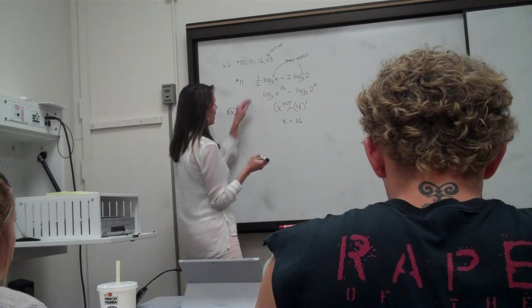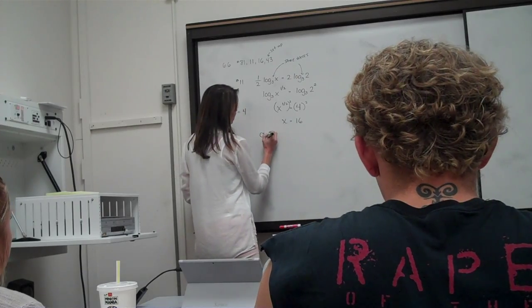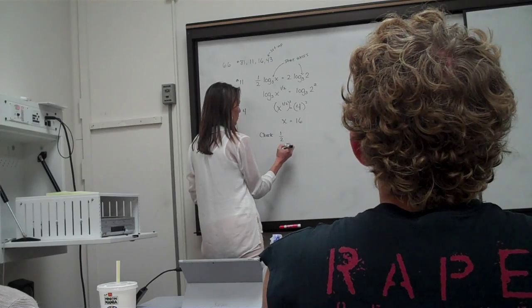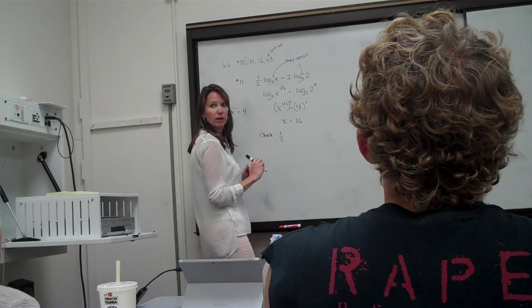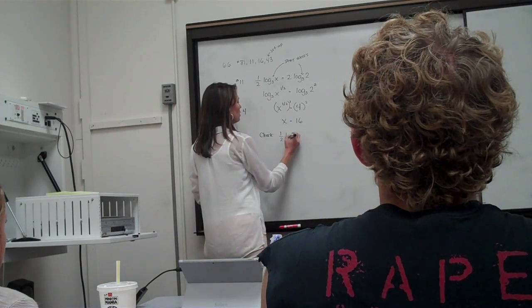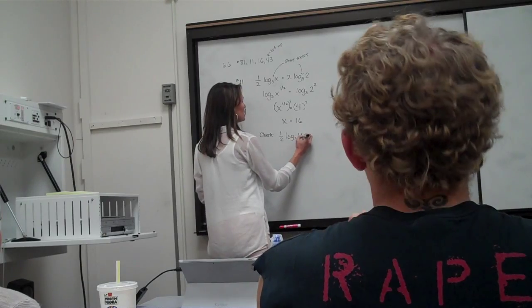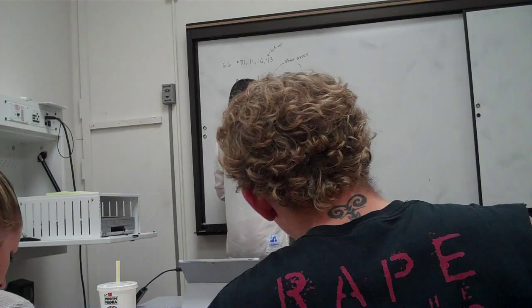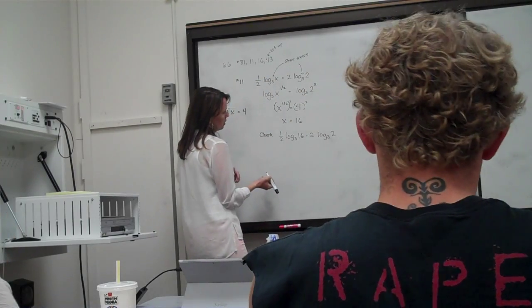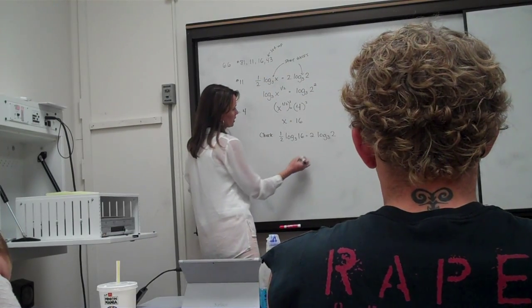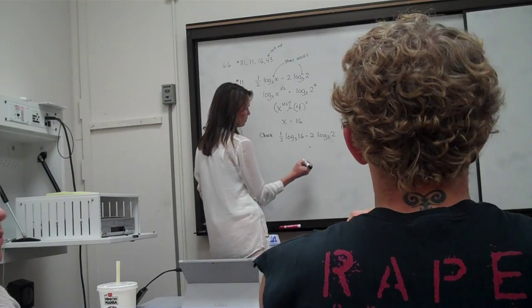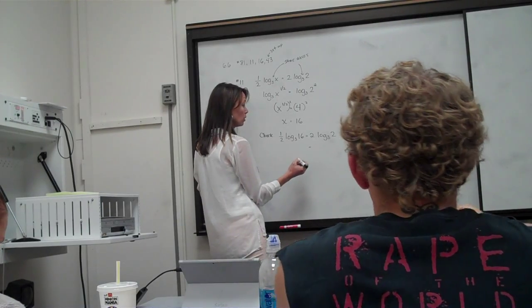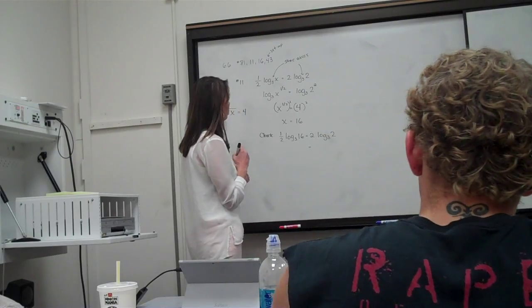Then you can check that if you wanted. You put it to the power of 2 because that is what would cancel out the 1/2. So I'd have 1/2 log base 3 of 16 equals 2 log base 3 of 2. Is that one easy to check? The 1/2 power to the 2? I would think 1/2 times 1/2.